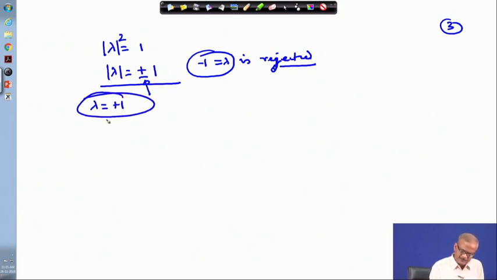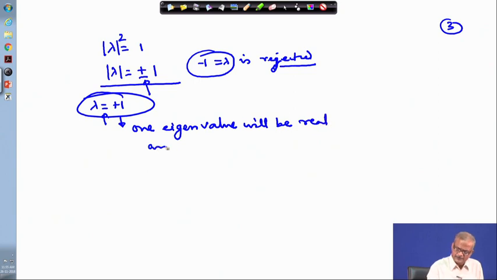Now, as we stated, for a rotation matrix it is a fact that at least one eigenvalue will be real, and the other two may be complex.